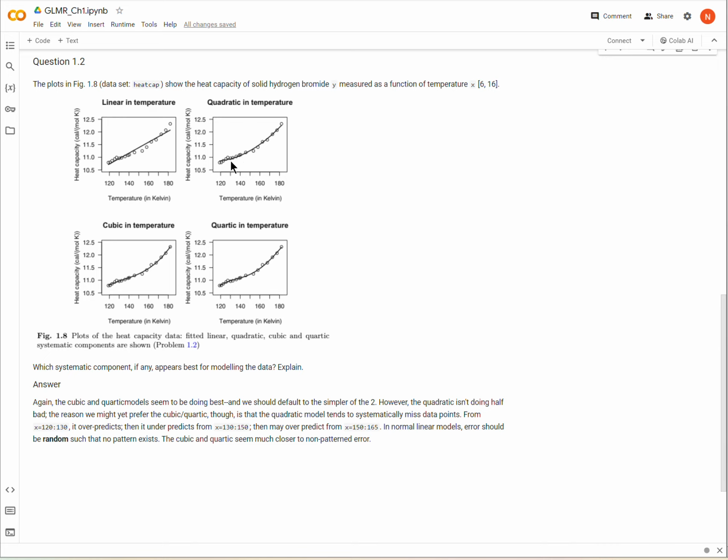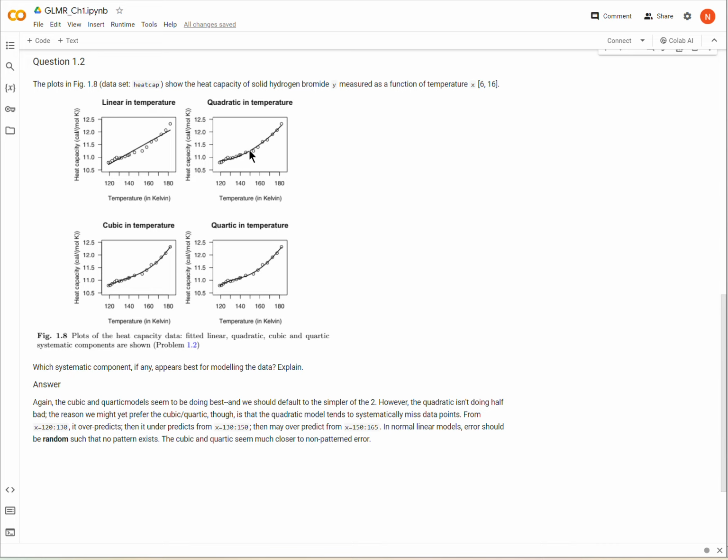And then it maybe goes, so in other words, the line is consistently under the data points from about here to 150-ish. And then it maybe underpredicts for a while and then kind of catches back into the center of the data. So these patterned deviations from the prediction, that's a problem. And it's a problem because, at least in normal linear models, the model is trying to assume that the errors, the deviations away from the prediction, are random.